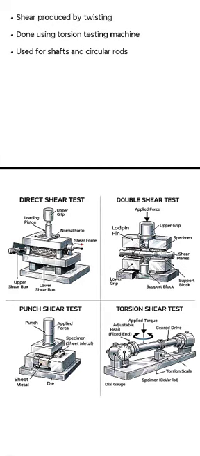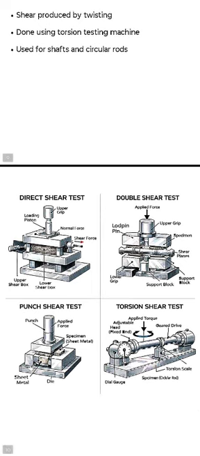Finally, these are the diagrams for four different types of shear test, which consist of direct, double, punch and torsion. In direct shear we have the shear force parallel to it, and we have a pin in double shear test. In the same way we have support blocks in a double shear test.